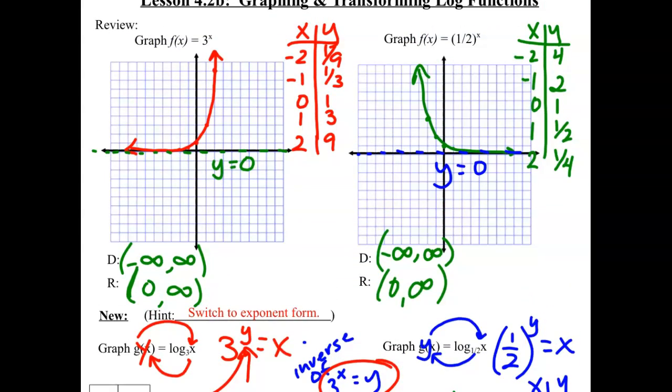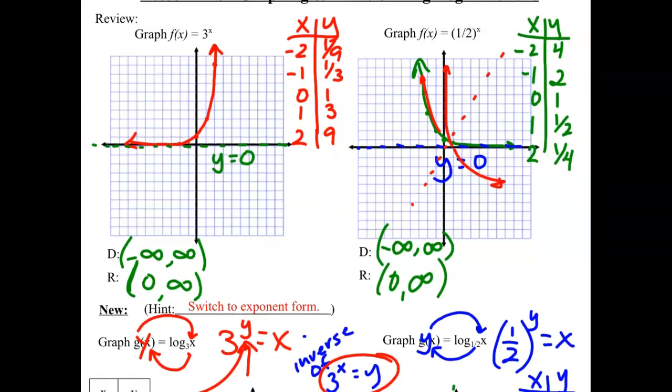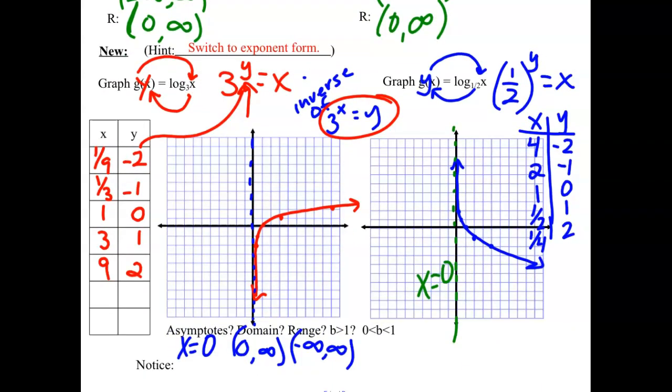If I reflect this one over y equals x, this branch here is going to flip down and be this branch. And this flattened out part is going to come up and flatten out along there, which is the shape that we're seeing down here. Does that make sense? So everything is just the inverse.